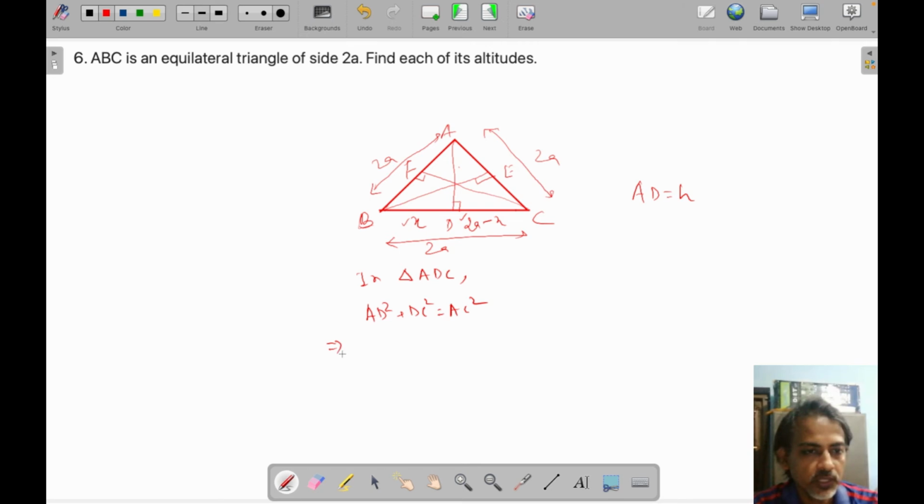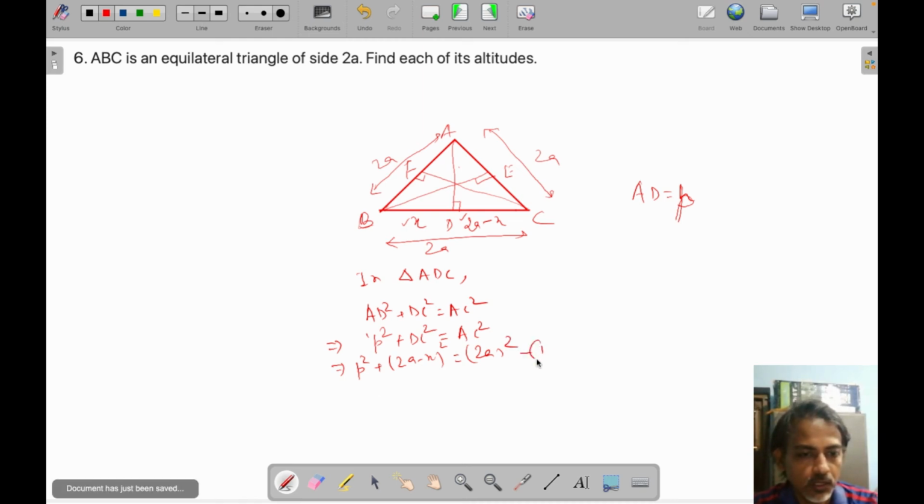And AD square is nothing but, let's call it P, just not to get confused. So P square plus DC square equals AC square. So P square plus 2A minus X whole square equals AC, which is nothing but 2A whole square. So this is equation 1.